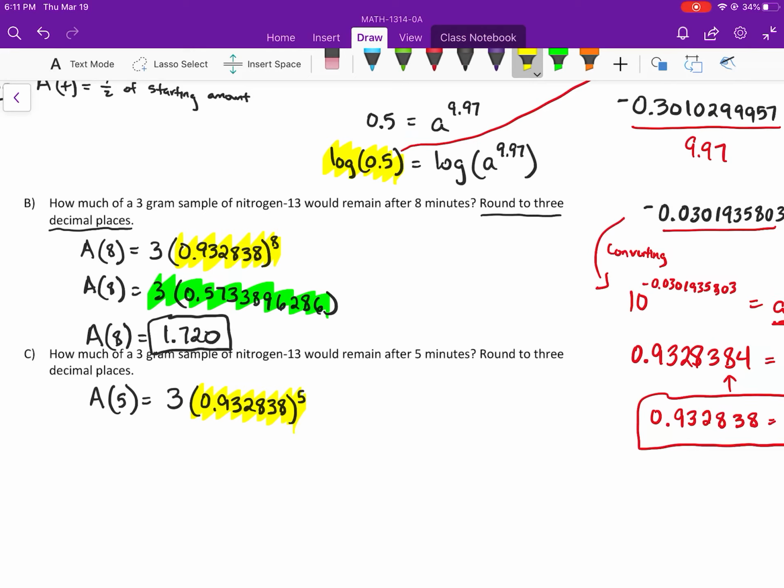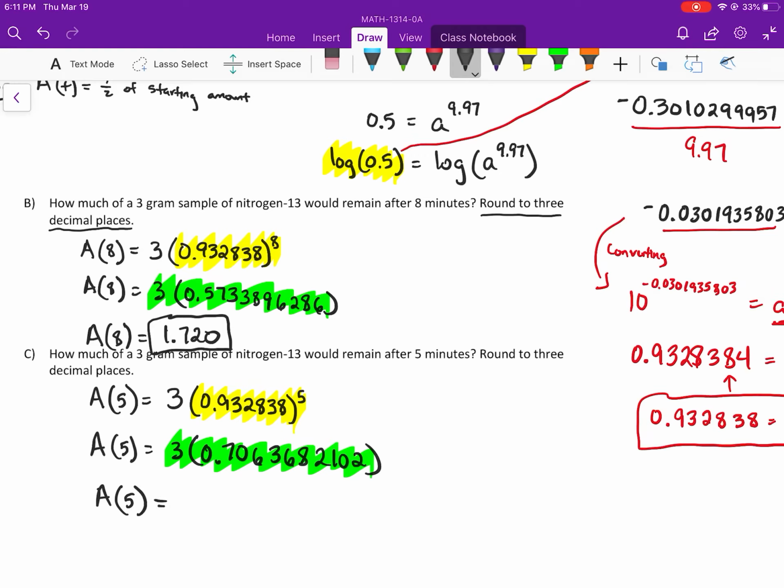The amount after 5 minutes equals 3 times 0.7063682102. We've got to do 3 times that number.